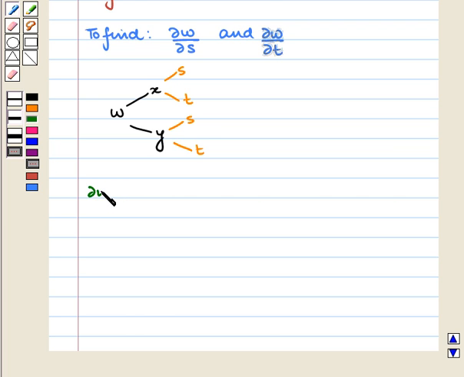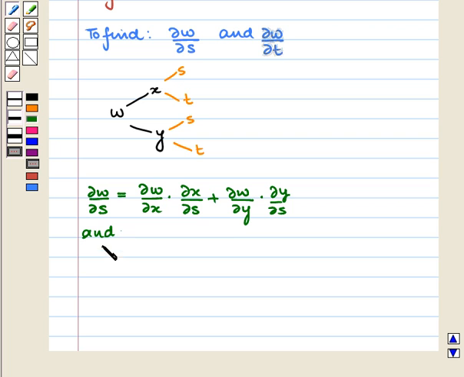So ∂W/∂S will be equal to ∂W/∂x into ∂x/∂S plus ∂W/∂y into ∂y/∂S, and ∂W/∂T is equal to ∂W/∂x into ∂x/∂T plus ∂W/∂y into ∂y/∂T.